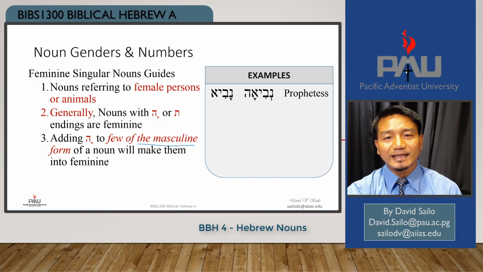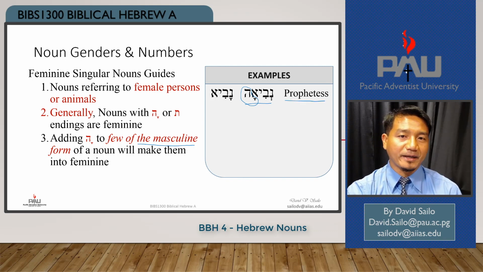You only slide in this ending, kamets he. So it becomes Neviya, prophetess. So from prophet we get prophetess just by adding this kamets he.